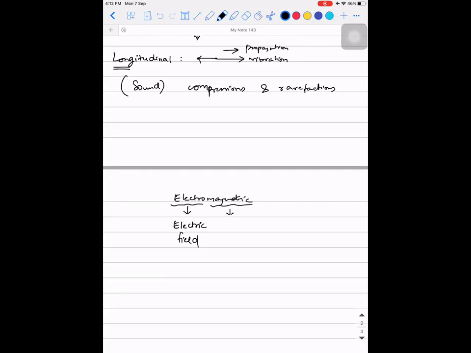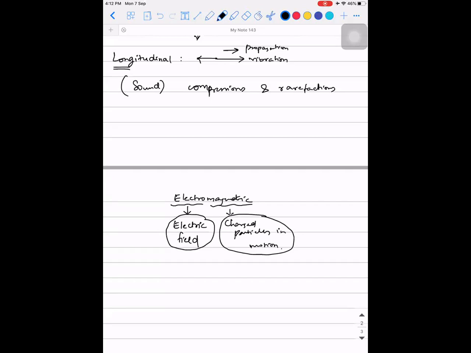Magnetic is related to magnetic field, magnetism, right? But what is the main reason for magnetism? Motion of charges. Yes, it's motion of charges, right? So electric field refers to the charges at rest, and magnetic field refers to charges in motion.